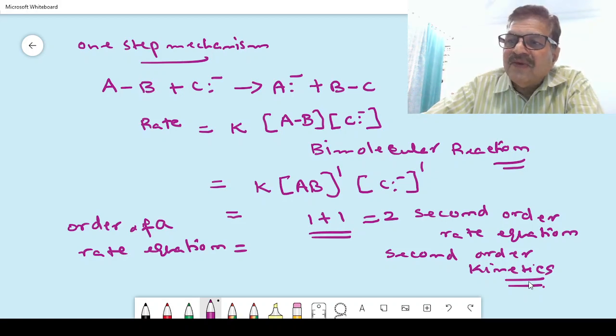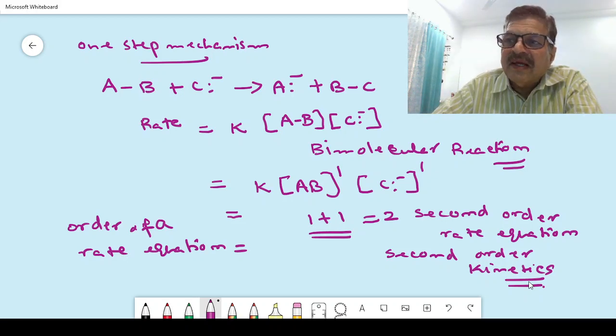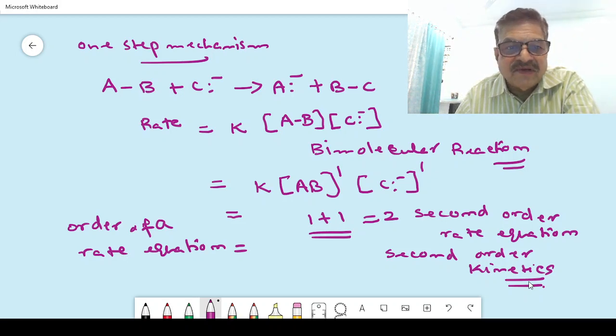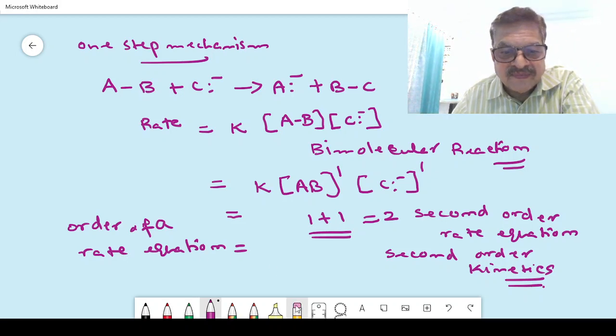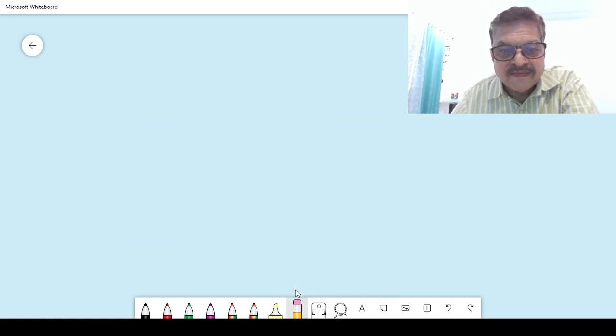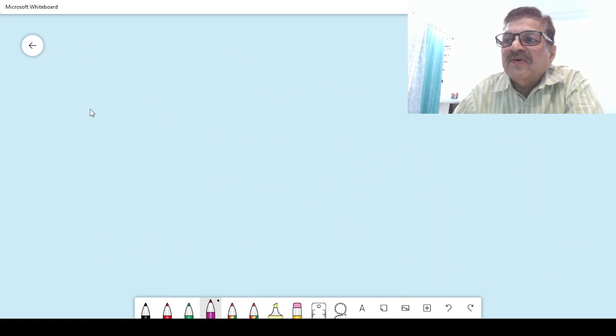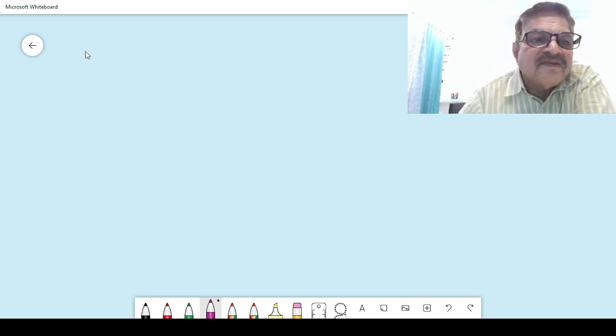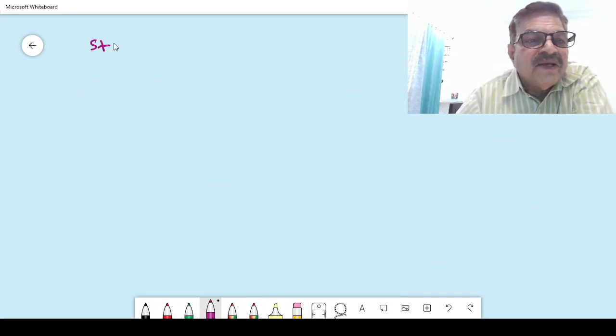Now I will briefly tell you a two-step mechanism. What will be the nature of the rate equation here? So a stepwise mechanism we can say. This is a stepwise mechanism.